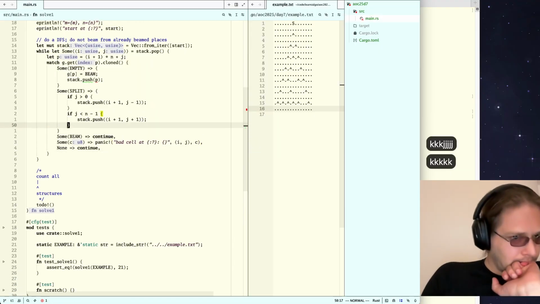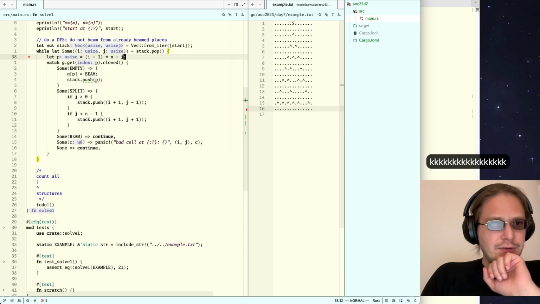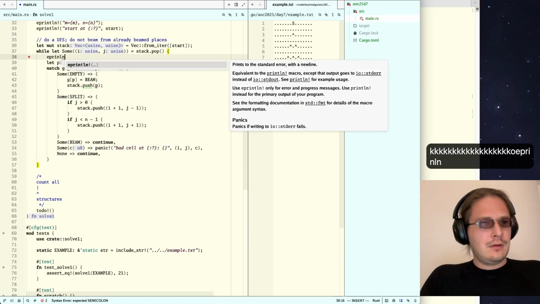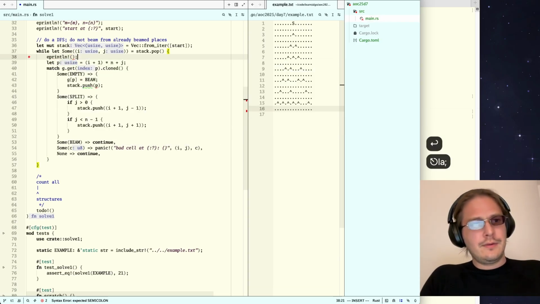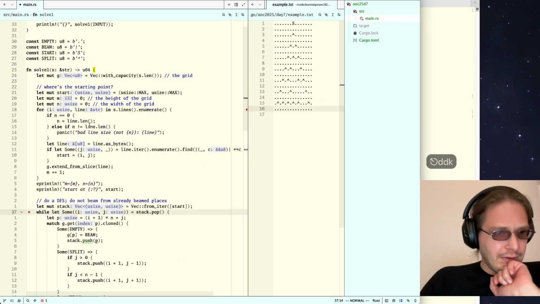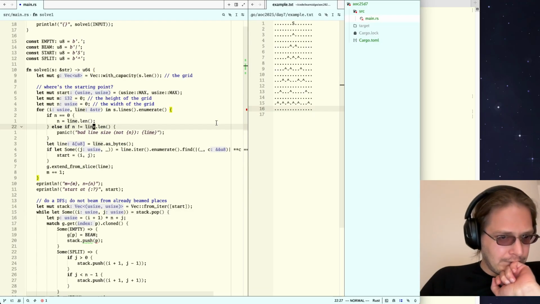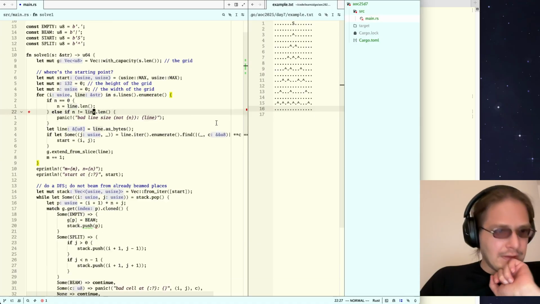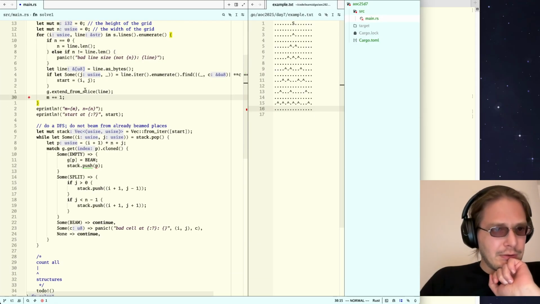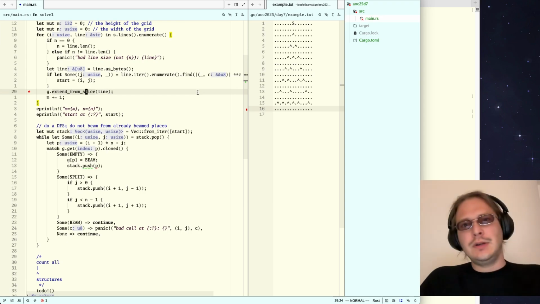Okay, let's maybe visualize the propagation. Oh, yes, and here it gets funny. If I kept the new lines, then I could easily visualize it, but now I cannot just cast it to a string and print it.